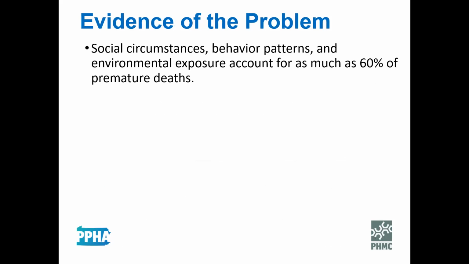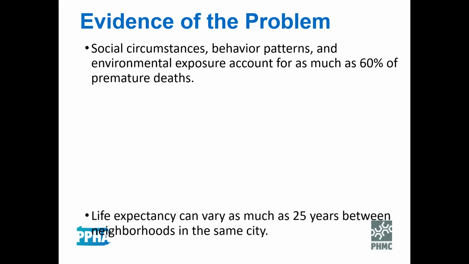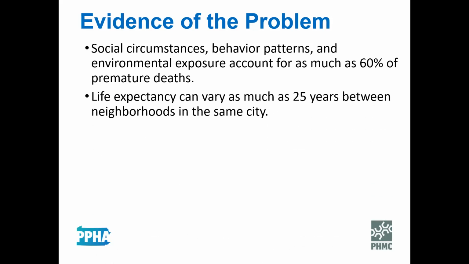A few key example data points provide evidence that social, built, and policy environments are key determinants of a population's health. Social circumstances, behavior patterns, and environmental exposure account for as much as 60% of premature deaths. Life expectancy can vary as much as 25 years between neighborhoods in the same city.